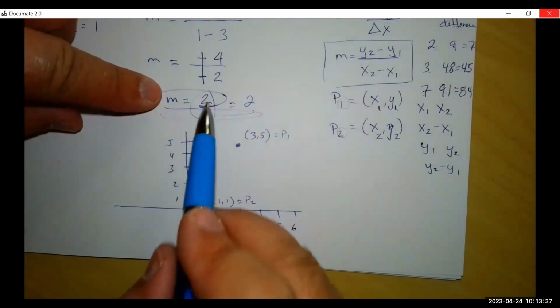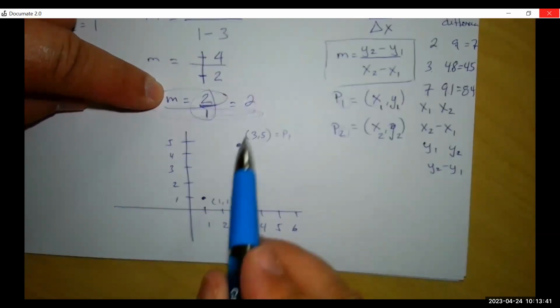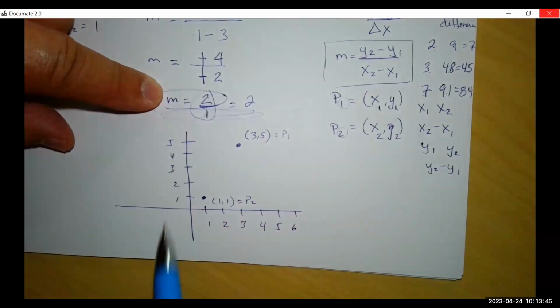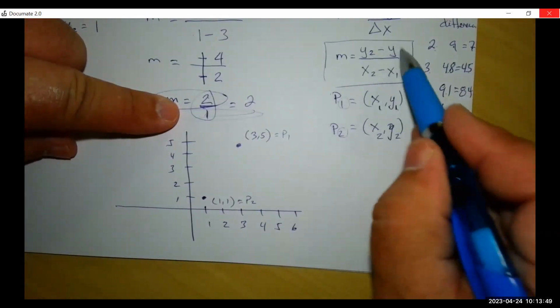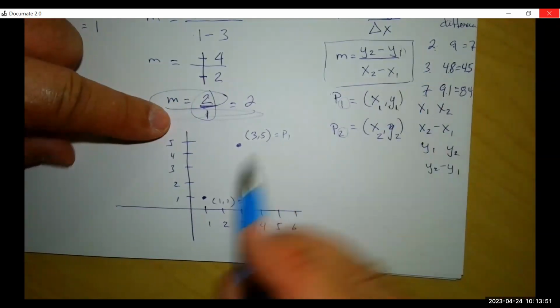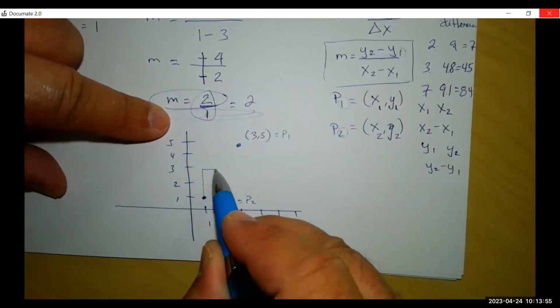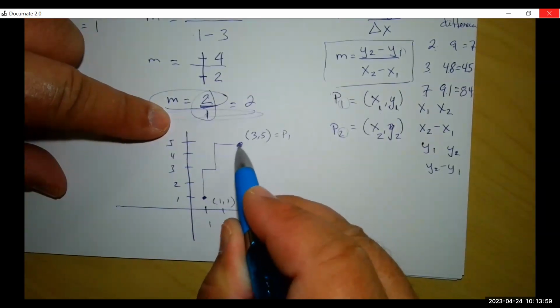So what the slope tells us is how to get from one point to the next. That's why I said the fraction is important. Remember, it's the vertical change over horizontal. So up 2 over 1. Up 2 over 1.